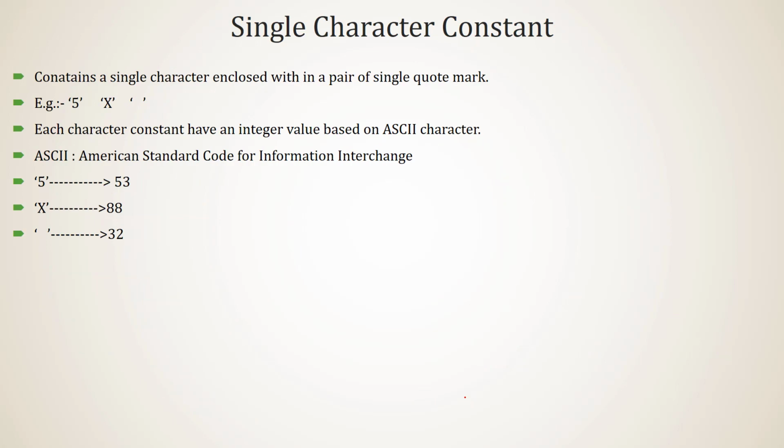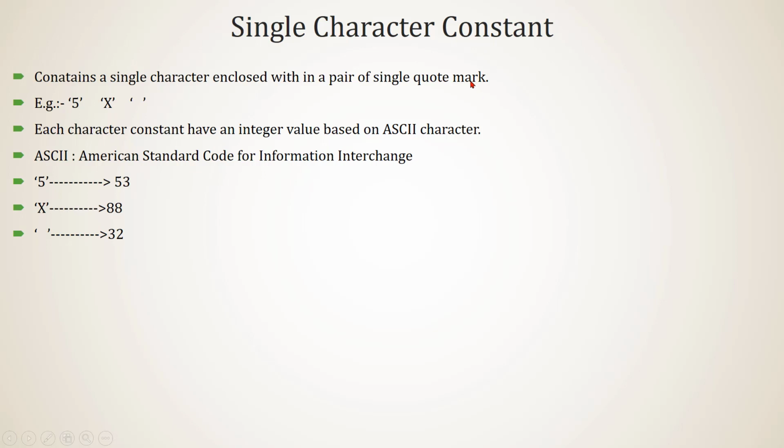Okay, next is the single character constant. It contains a single character enclosed within a pair of single quote marks. So always remember, a character constant means any single character within single quotes.